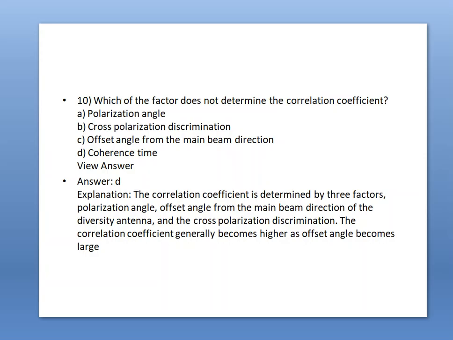With this, mitigation of the degradation effects of fading is completed. In this video, we covered the degradation effects of fading, and how to combat distortion, loss in SNR, and frequency selective distortion.